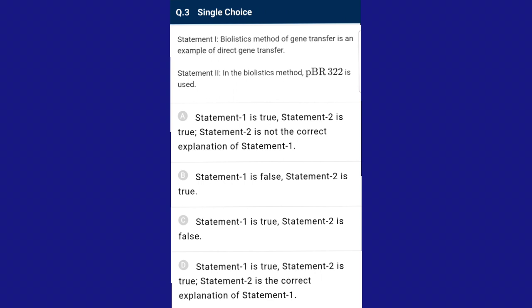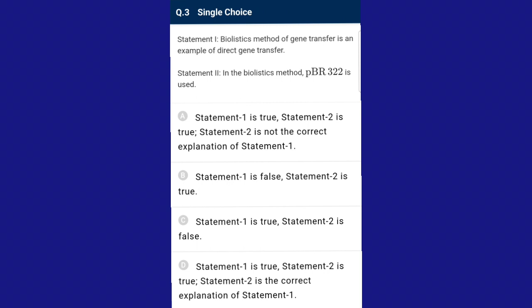Question number 3. Statement type of question. Statement 1. Biolistic method of gene transfer is an example of direct gene transfer. Statement 2. In the biolistic method, pBR322 is used. So here statement 1 is true but statement 2 is false.